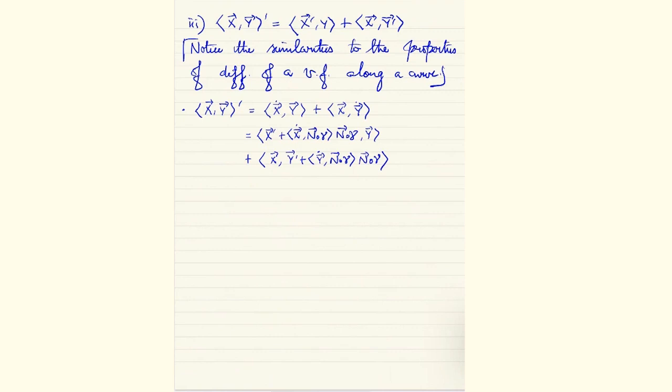Now the point to note is that x is tangential, that was the assumption on the vector fields, right? So x and y were tangential vector fields, while this bit here is normal.